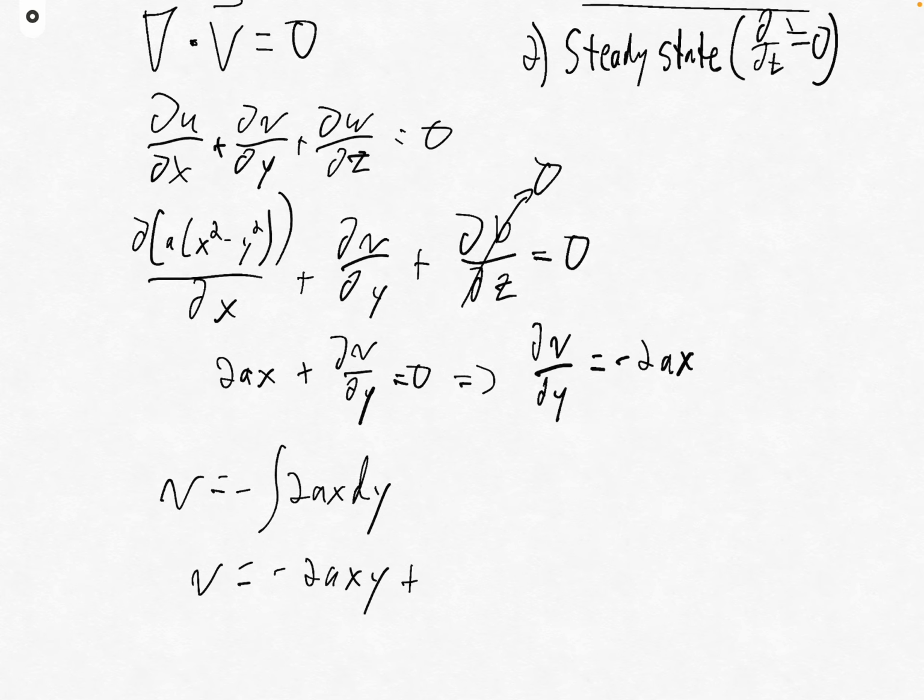And maybe the trickiest part of this is that this constant is really just a constant with respect to y. We don't really know anything else about its dependence on x, z, or t. And so we can write this out in general as some constant c that's a function of x, z, and t.